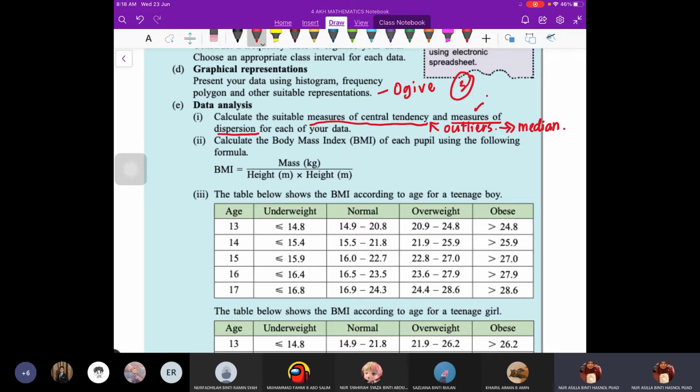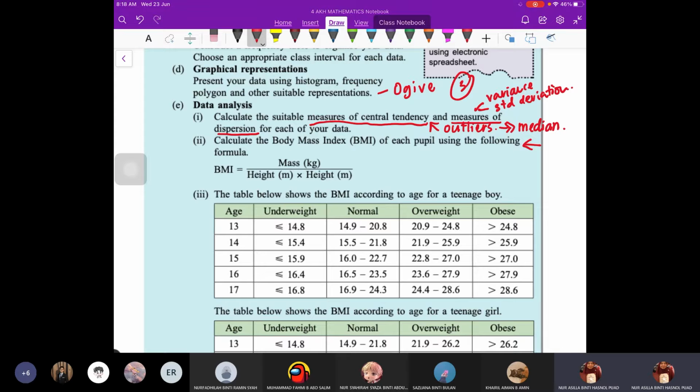So kat sini kita ada variance, standard deviation, okay, and then you boleh juga kaitkan dengan ogive. Okay, ogive quartile, interquartile range. Okay, so benda-benda tu. So daripada situ, kita calculate kat sini, dia ada jugalah, dia masukkan calculation of BMI.